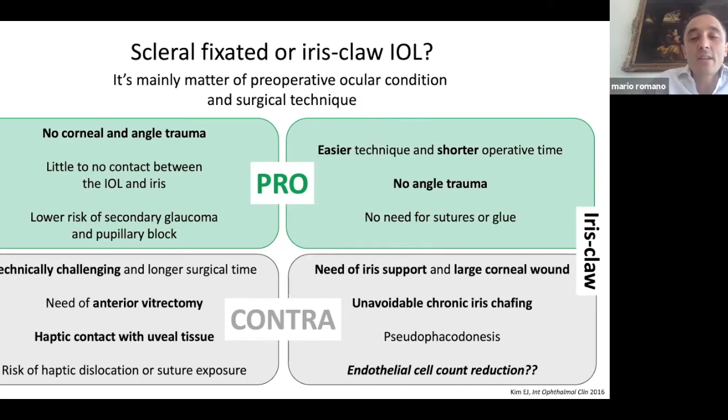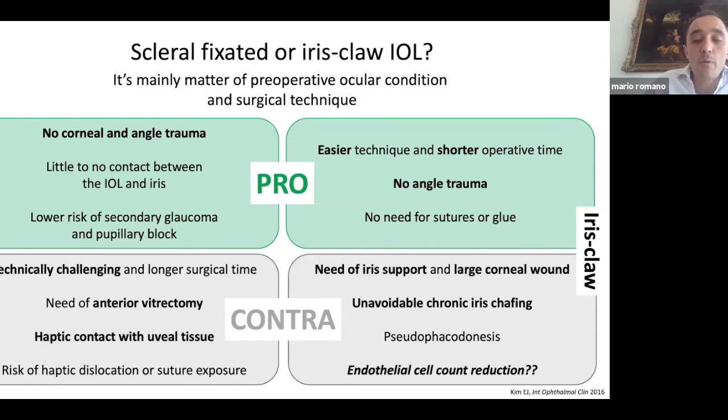Regarding the iris claw, the pros are that it is an easier technique, with shorter operative time and no angle trauma. But the cons are chronic iris chipping, the need for iris support, and a larger corneal wound.